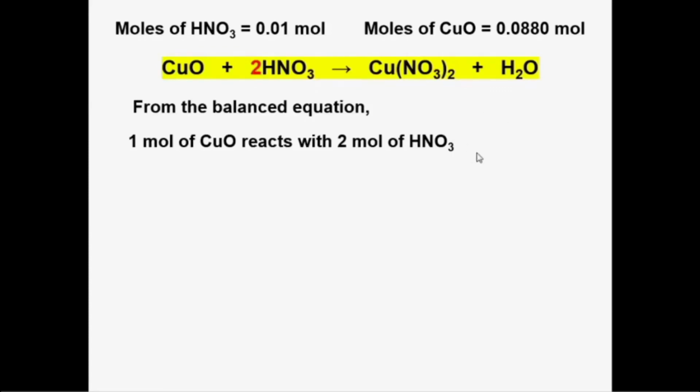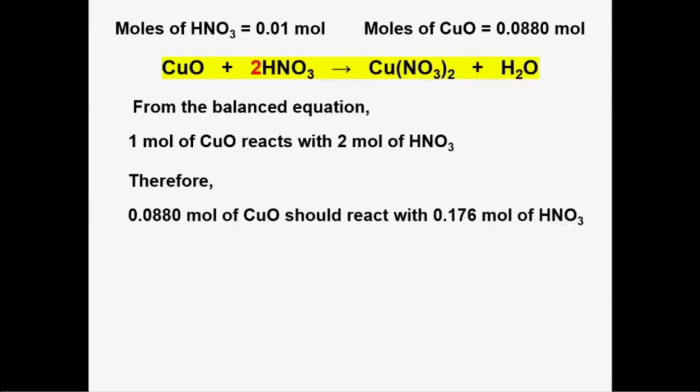And we don't have 1 mole of copper oxide. So how many moles of copper oxide do we use in this reaction? Yes, 0.088 moles of copper oxide. So if we are using just 0.088 moles of copper oxide, this copper oxide should react with 0.176 moles of nitric acid.